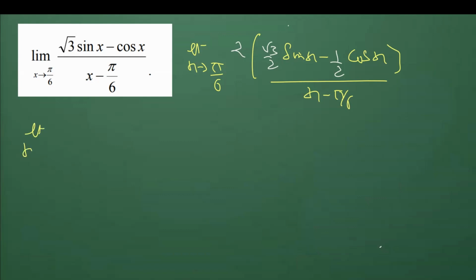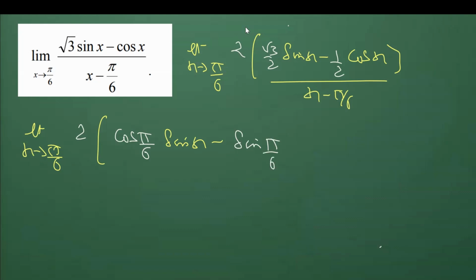So this is limit x tending to pi by 6. 2 is there outside, and then inside a bracket we are going to write root 3 by 2 as cos pi by 6 and this is sine x, minus, and sine half is sine pi by 6, into cos x. That whole divided by x minus pi by 6.